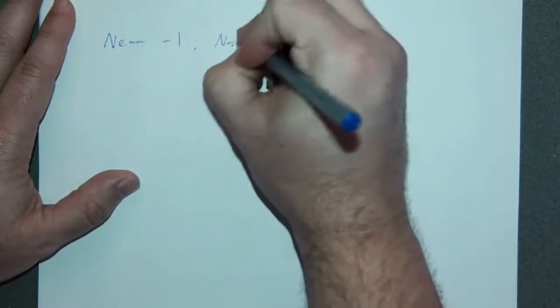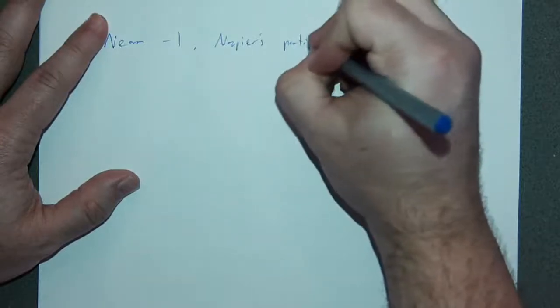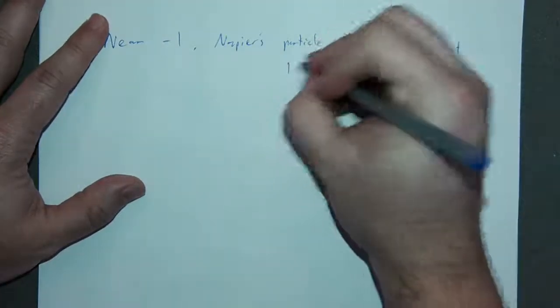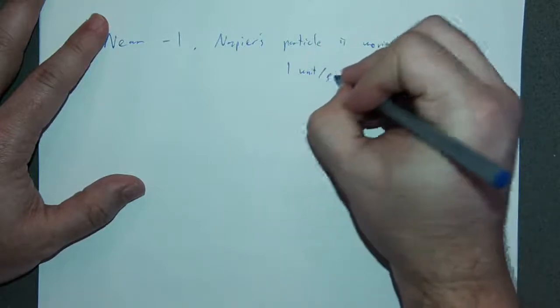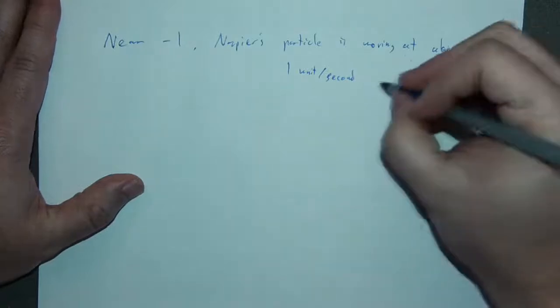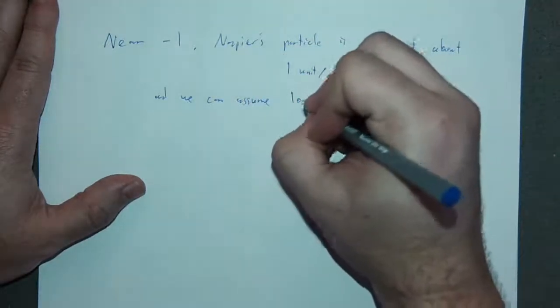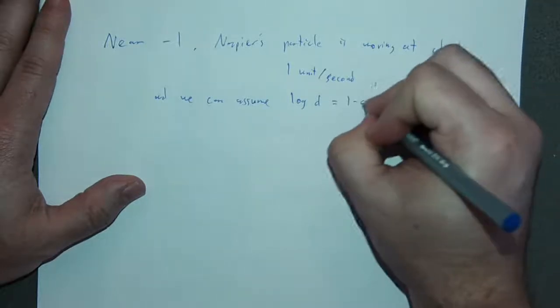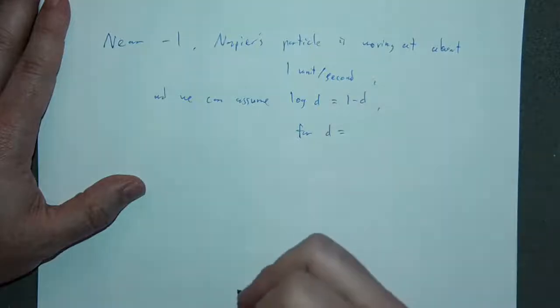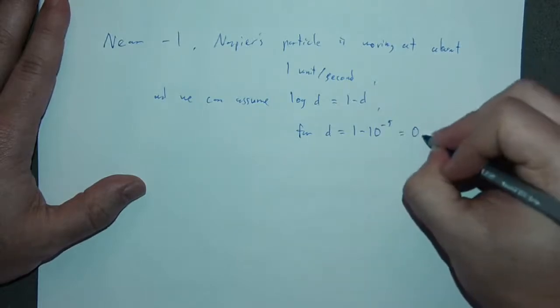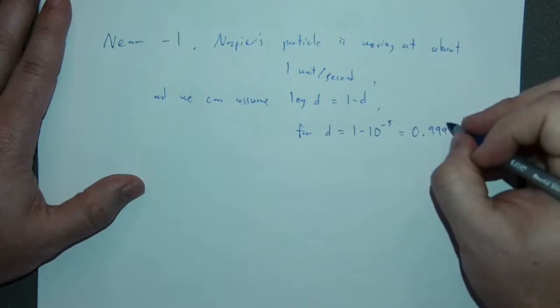The idea is that near 1, Napier's particle is moving at about 1 unit per second, and we can assume through that first fact that the log of d is approximately 1 minus d, for d equal to 1 minus 10 to the minus fifth, which is 0.99999.